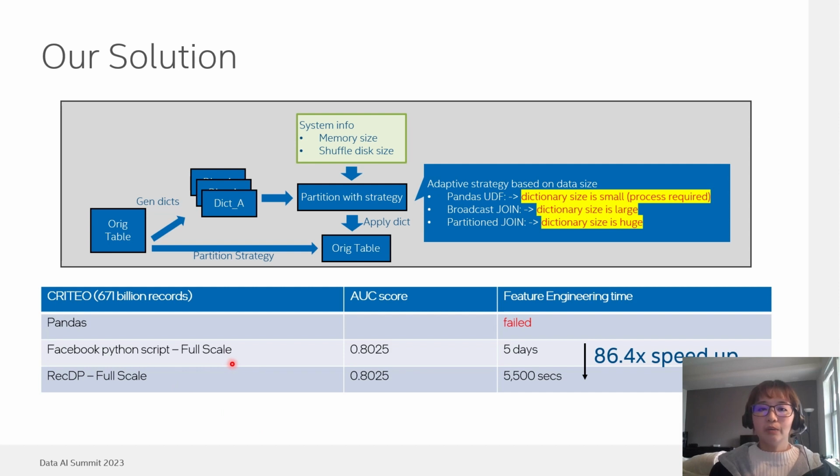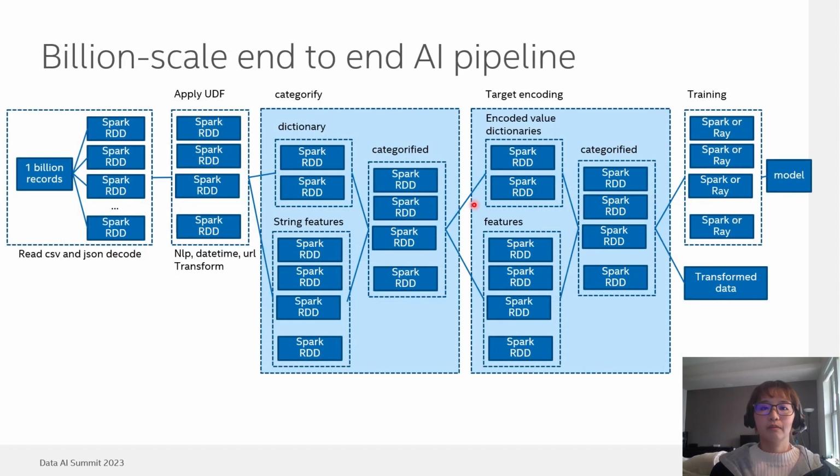The original Facebook-released NumPy script took about 5 days to complete the 6.71 billion records transformation, and now it takes about 1.5 hours using Spark. And the result is exactly the same as the Facebook process.